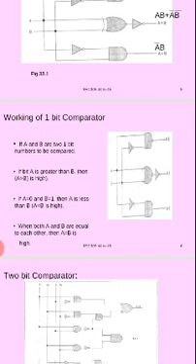When both A and B are equal to each other, then A equal to B is high.